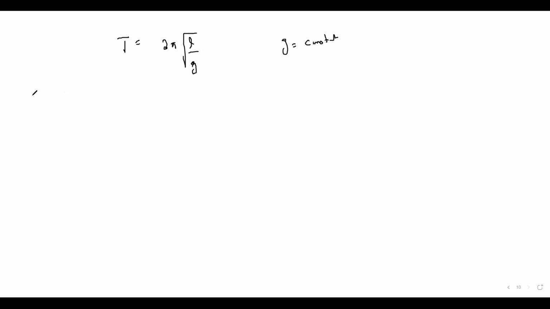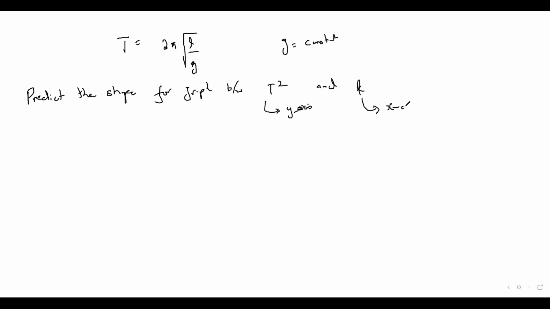Now predict the shape of the graph between t square and L, where t square is on the y-axis and L is on the x-axis.